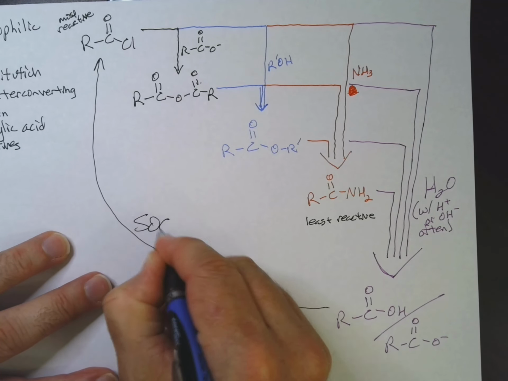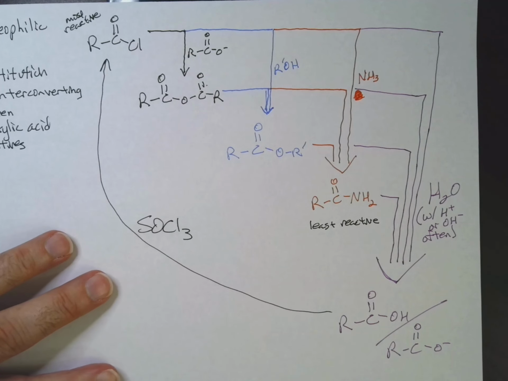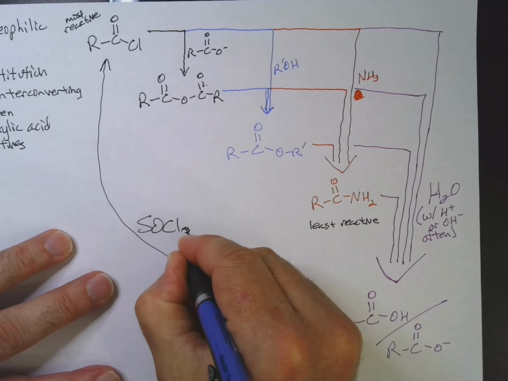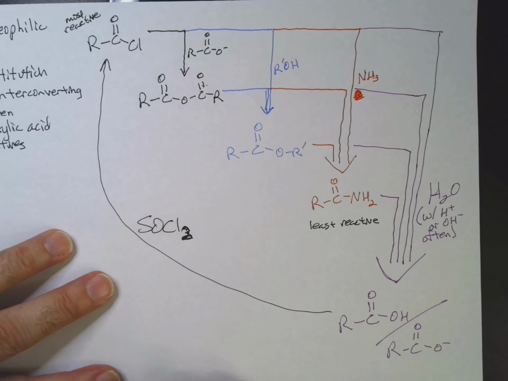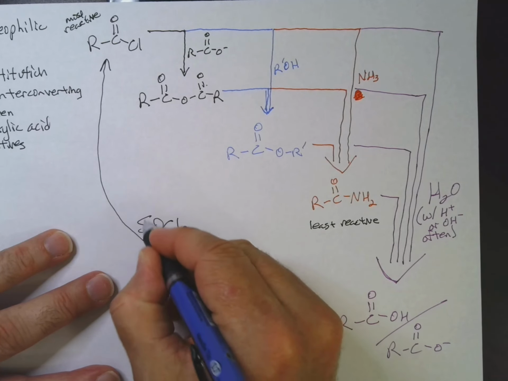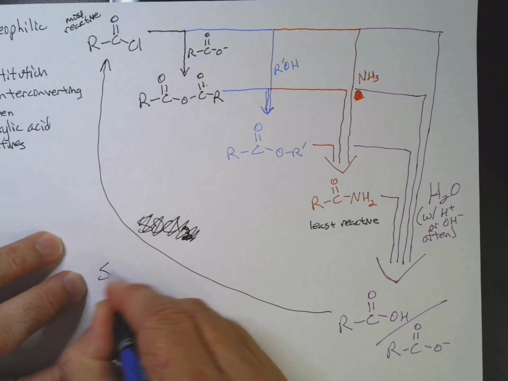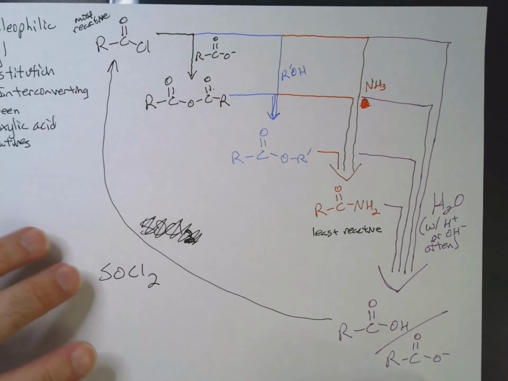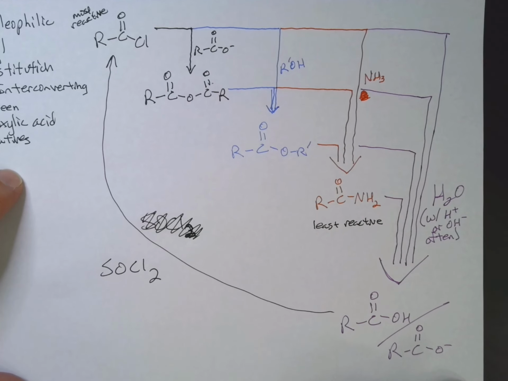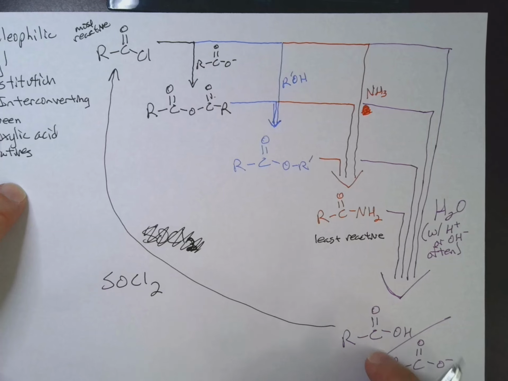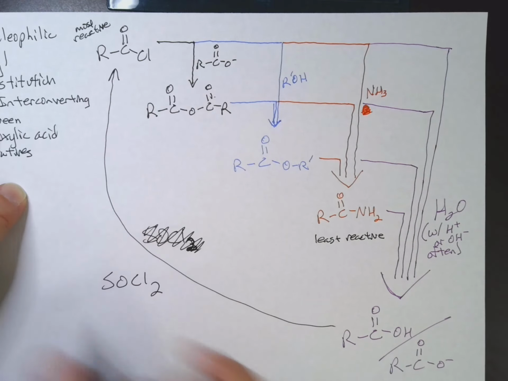And that's using thionyl chloride, SOCl2. Thionyl chloride is a way to convert a carboxylic acid into an acid chloride.